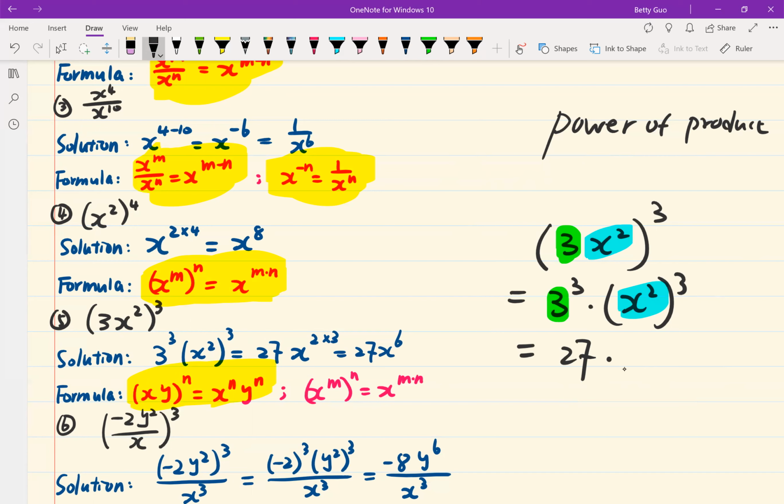X squared and then to the power of 3. By the power rule, we multiply the two exponents. 2 times 3, 6. The final answer is 27 multiplied by x to the power of 6. So problem number 5, we apply two formulas. Power of a product first, power rule after.